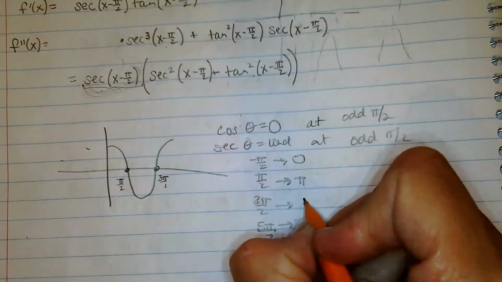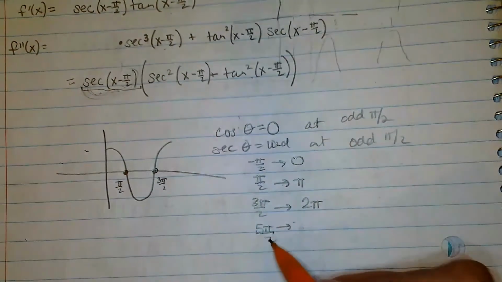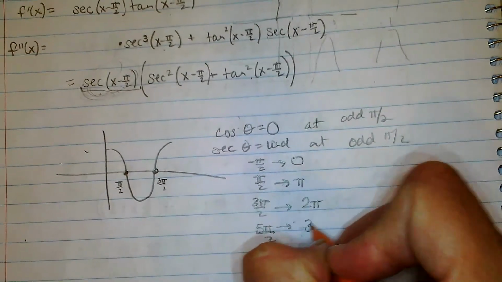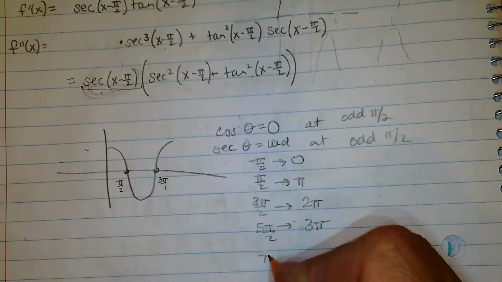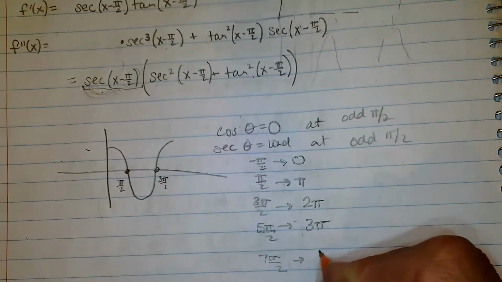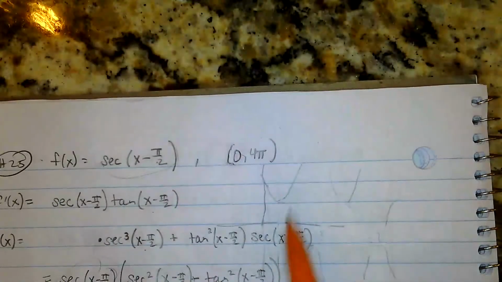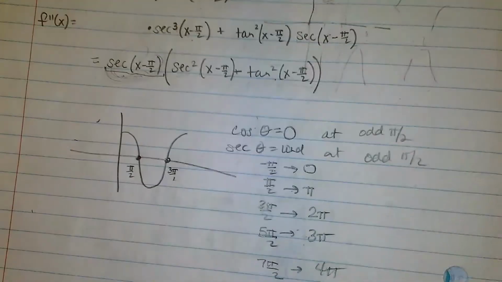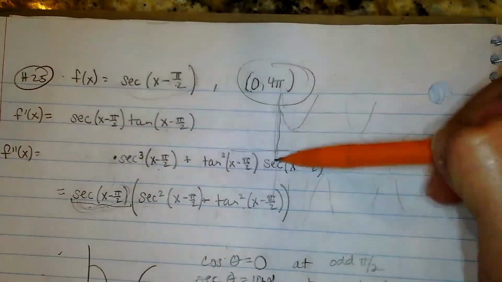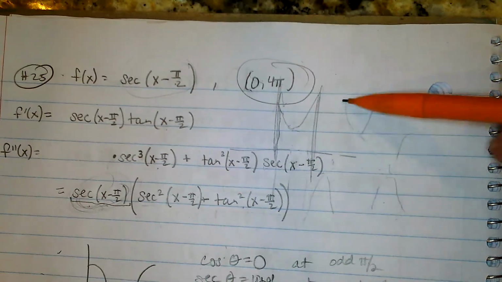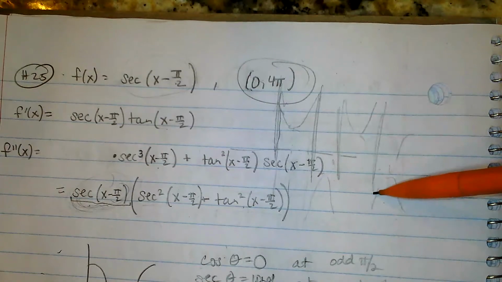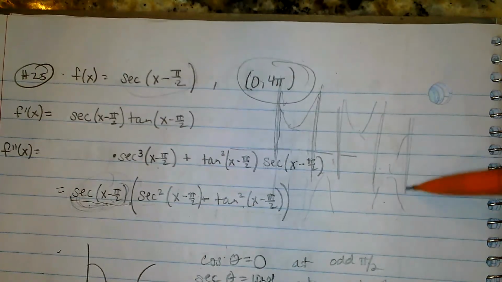To the right pi over 2 would put that at 2 pi. To the right pi over 2 would put that at 3 pi. And one more, 4 pi, because they want this on the interval from 0 to 4 pi. So all of these asymptotes that we saw here: 0, pi, 2 pi, 3 pi, 4 pi.